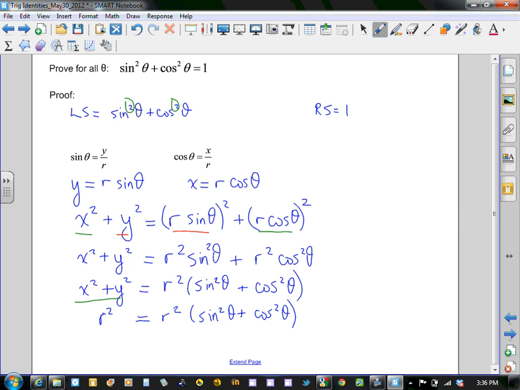And then look at both sides, and you'll notice that there are some common factors. If we were to divide both sides by r squared, the r squareds would cancel, reducing to 1 over 1.